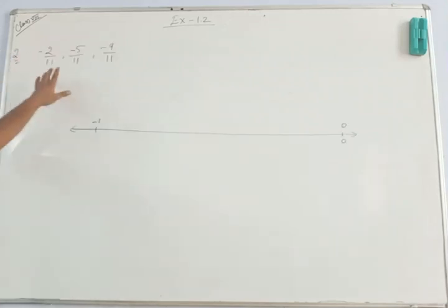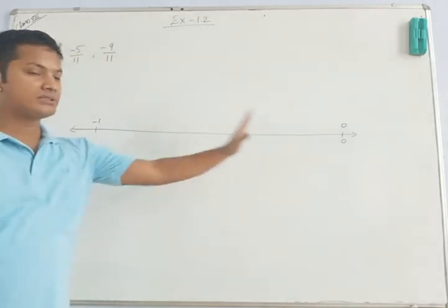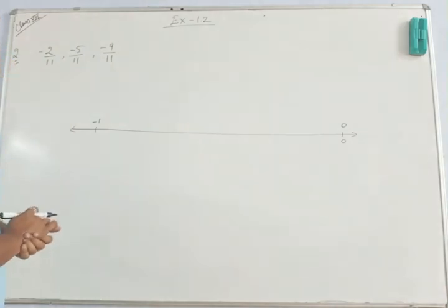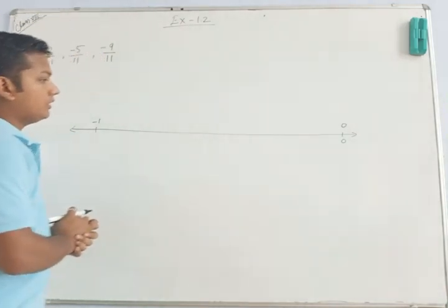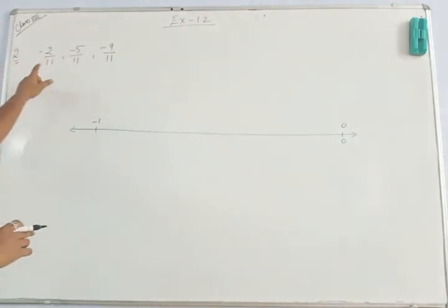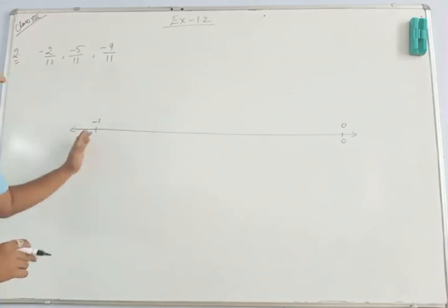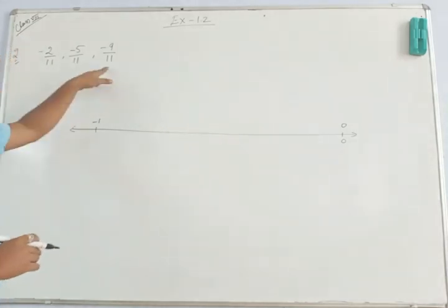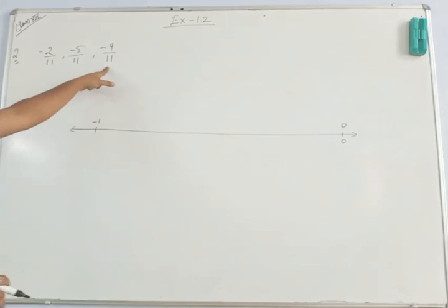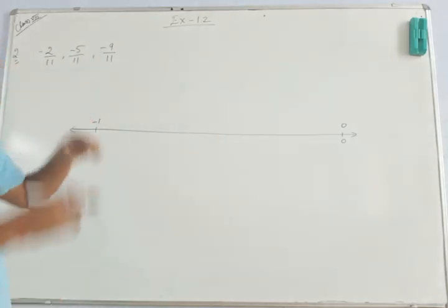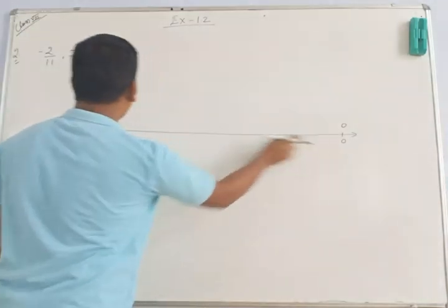The second question. Here we have to represent minus 2 upon 11, minus 5 upon 11 and minus 9 upon 11 on this number line. For that, since we know that we have to divide one section into how many parts? 11 parts. So we will do it by putting 10 marks in between 0 and minus 1.